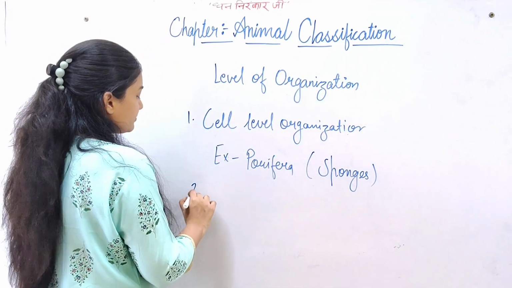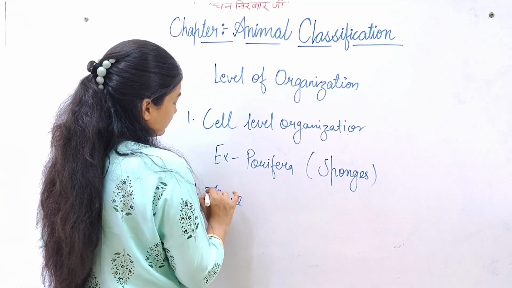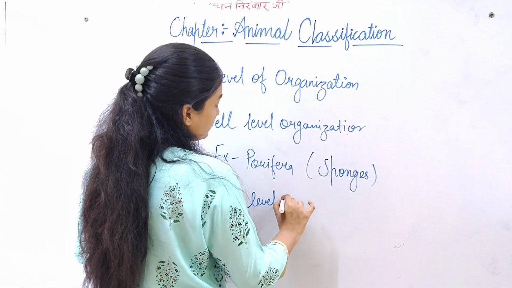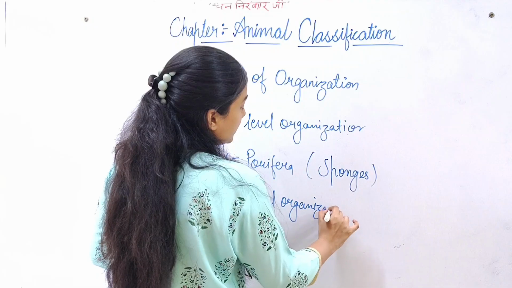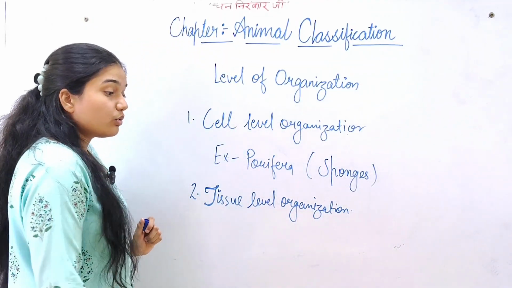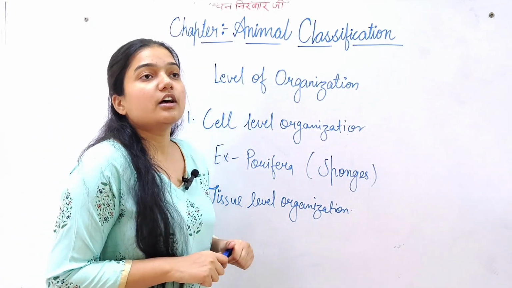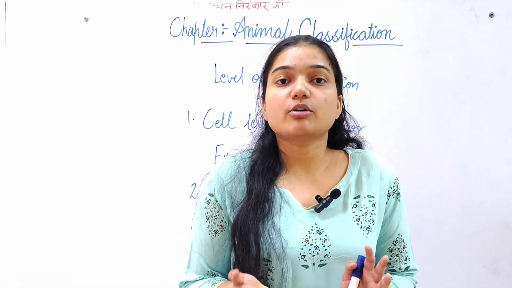Second is tissue level organization. Which animals come under the tissue level organization? In this, the group of cells aggregate and form the tissue.